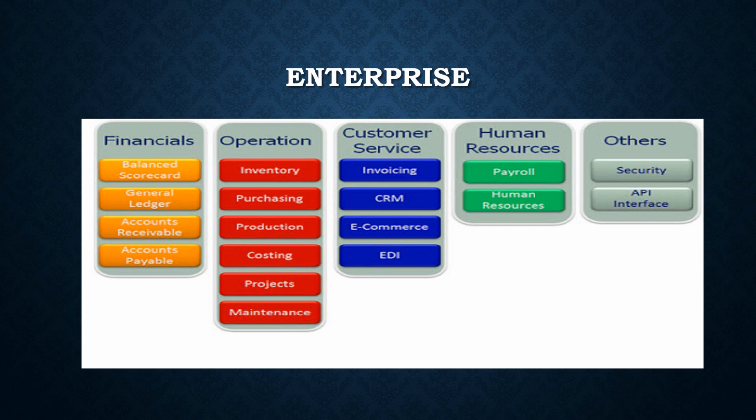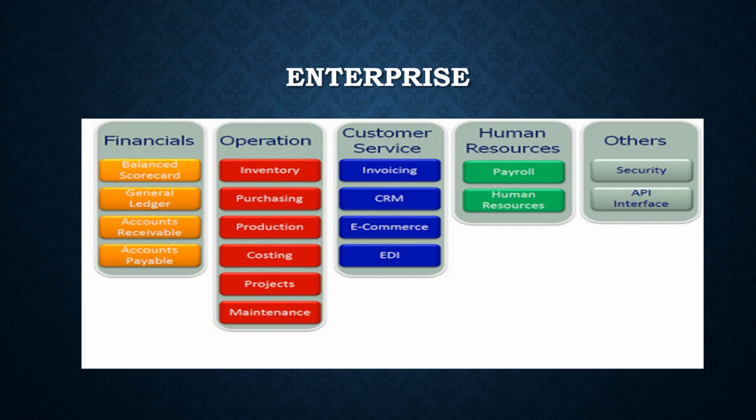The payroll system also contains the date of joining, date of resignation, attendance, leave record, and promotions of the employees. So all this data is included in the payroll system. Then the human resources also included in the HR system.